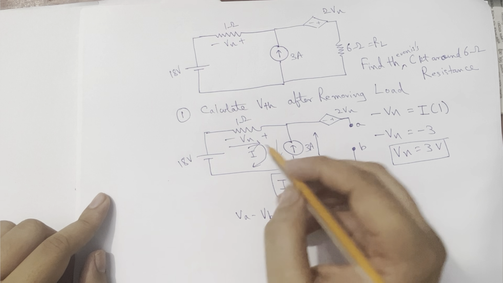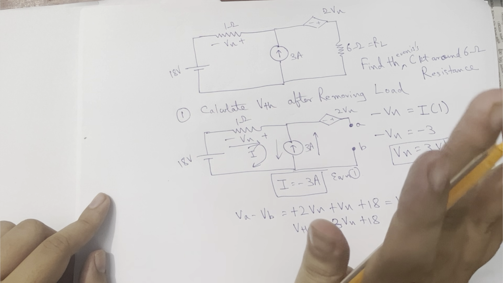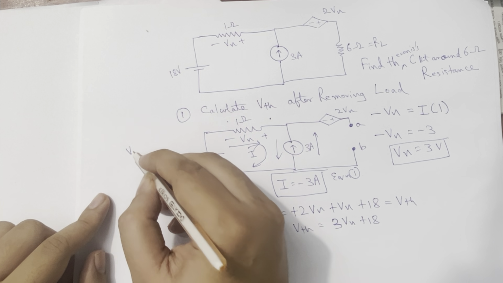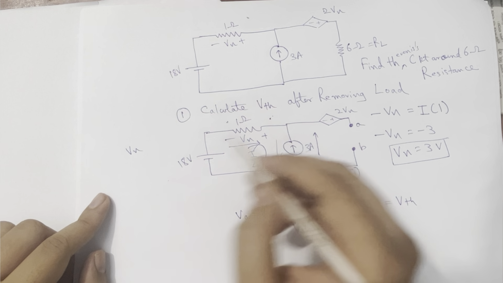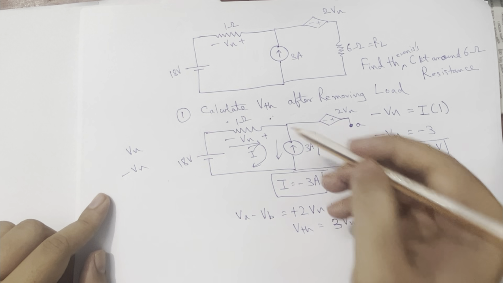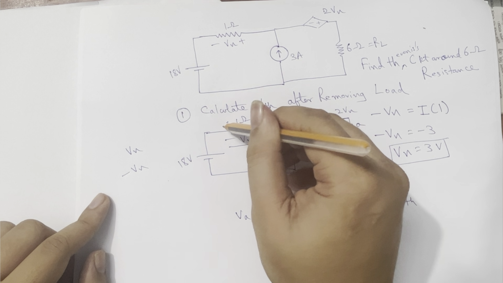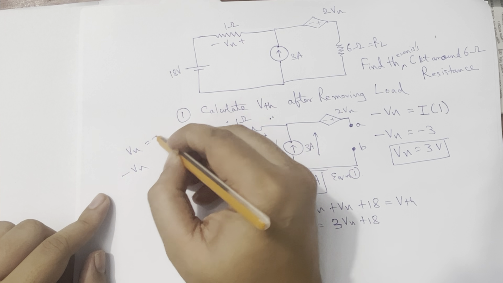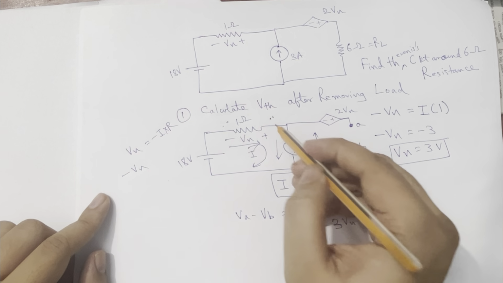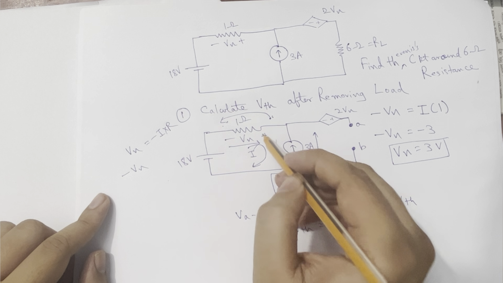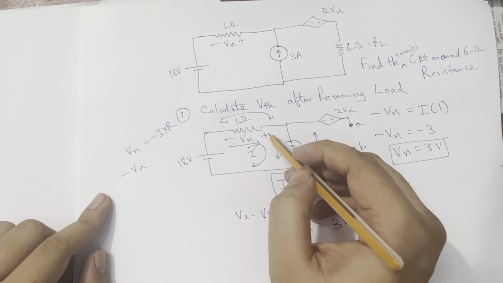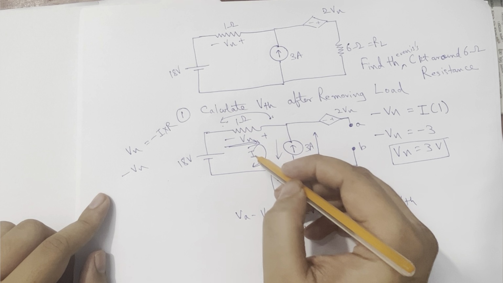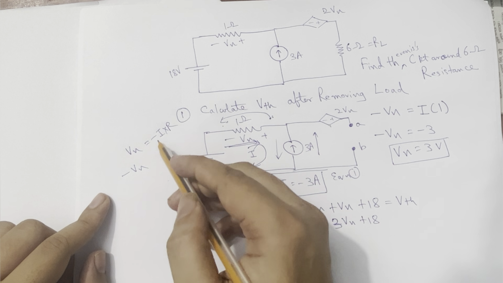And why do I write minus Vx? We have to go from any one direction. The drop from this point to this point is Vx, and from this point to this point is minus of Vx. Suppose in the first case I am coming from this point to this point, so the current is in the opposite direction, so I have to write minus of I into R, because I got a positive to negative drop, but the current direction I assumed is opposite, so that's why I put a negative sign.